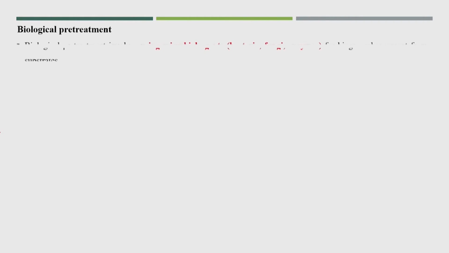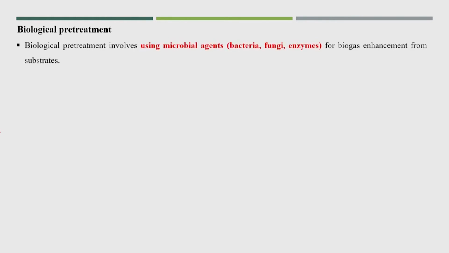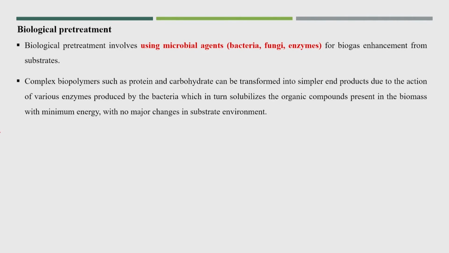Now, next is the biological pretreatment process. Biological pretreatment involves using microbial agents like bacteria, fungi, or even direct addition of enzymes for the degradation process. The complex biopolymers such as proteins and carbohydrates can be transformed into simple end products due to the action of various enzymes produced by the bacteria.